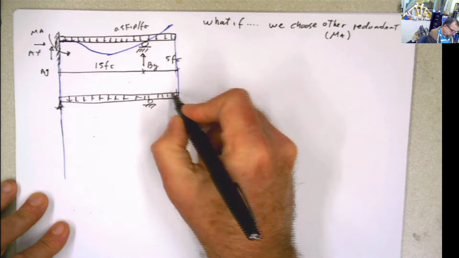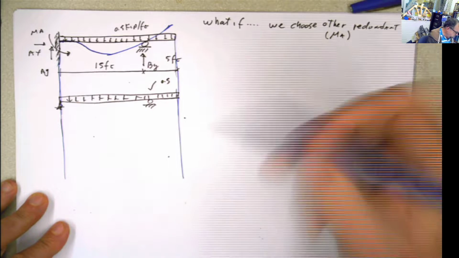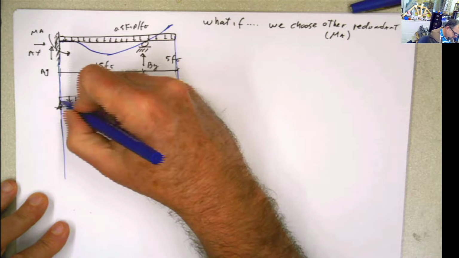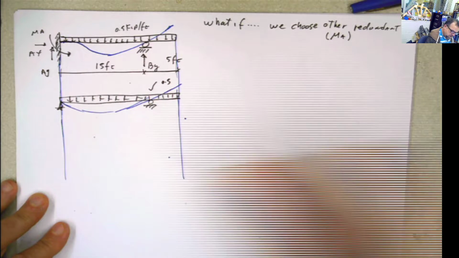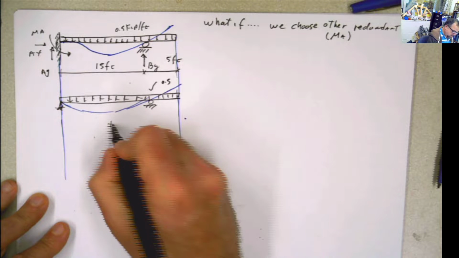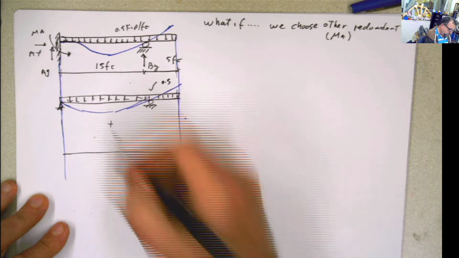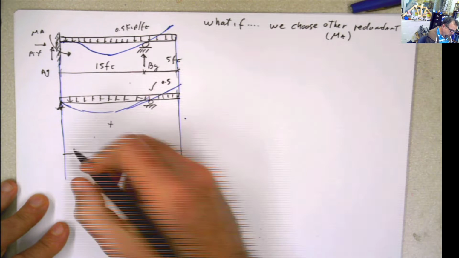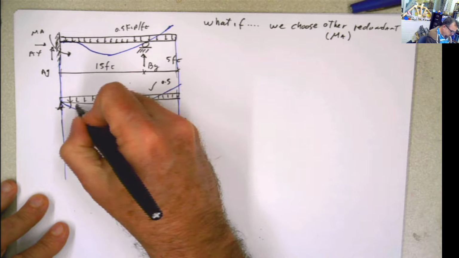So basically we have this, which is going to deflect something like that, and then we have to superimpose this with the other one. How do I get this with this rotation here into this?